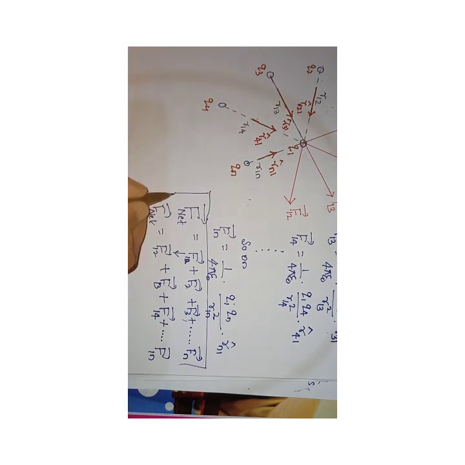So this is our principle of superposition. What does it say? The vector sum of, or total force acting on, a given charge is equal to the sum of individual forces. Here the individual forces we write as F1, F2, F3 and so on up till Fn.